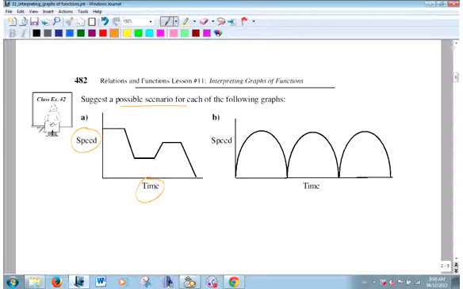Could be riding a bicycle. Could be running. Can you walk at a certain speed and then change that speed and go slower and then go somewhere in between? Sure, why not? And then guess what happens here? This is speed. Right at the bottom, we're going to assume that's speed 0. What's another word to say your speed is 0? Stopped. Right?